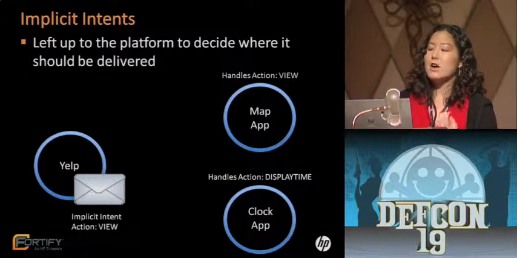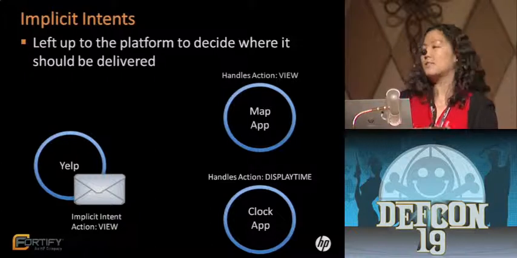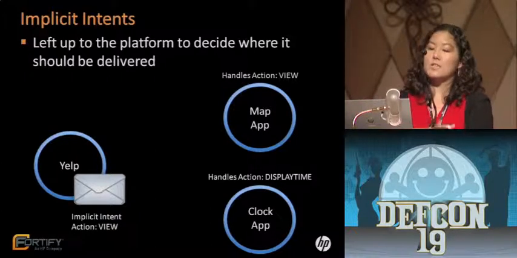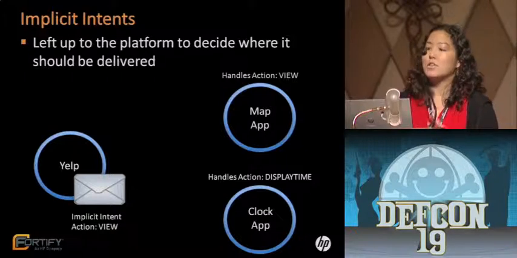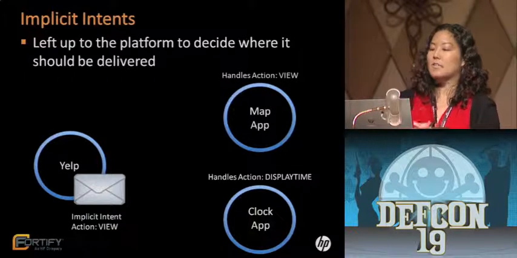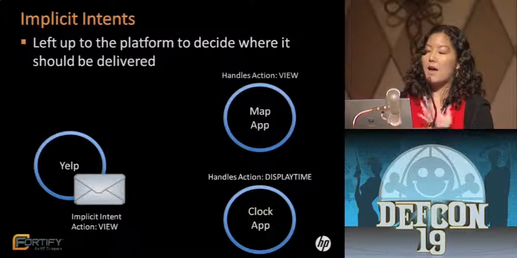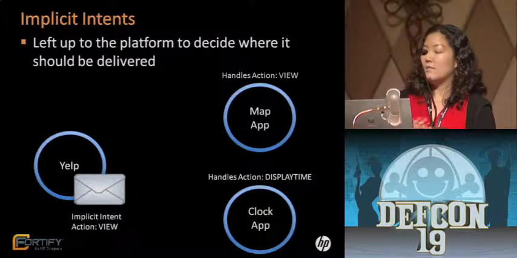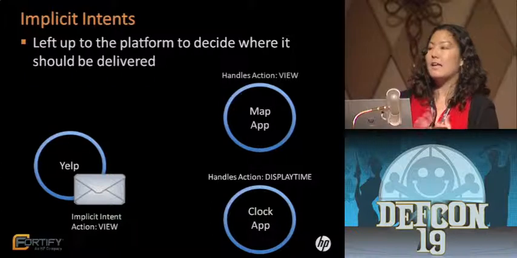Actions are meant to describe the general requirements of the intent, so that the sending application, the Yelp application, doesn't need to know what other applications are installed on the phone. So actions should specify what the receiving component should do.